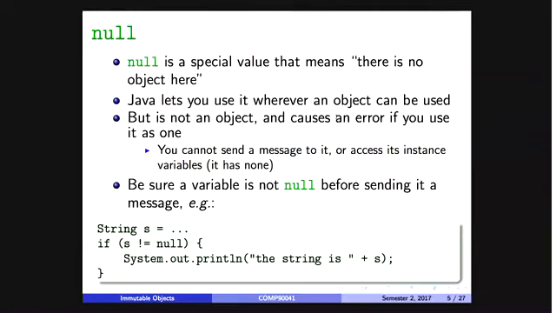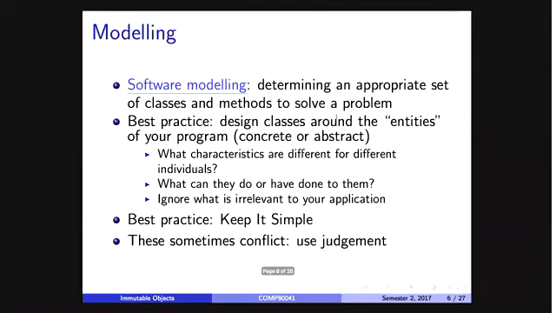Okay, so if we leave this out, and this dot, dot, dot is just null, semicolon, or we send some message to something that's supposed to return a string, and it returns null, which is always allowed. It could do that. If we do that, and we forget to say if s not equal null, then this is going to crash. We'll have a runtime exception. In fact, what we'll have is a null pointer exception.